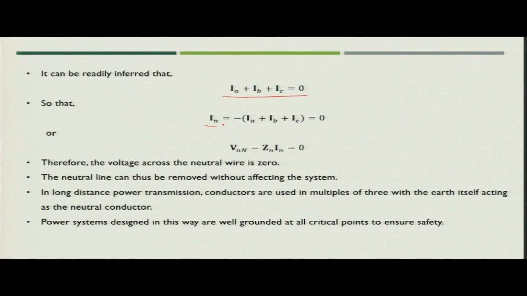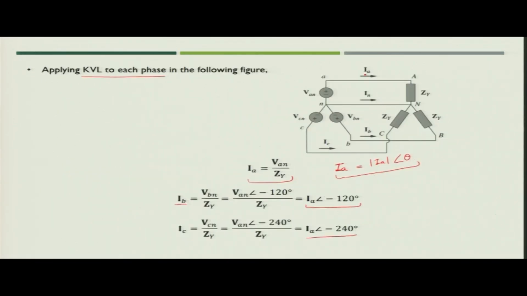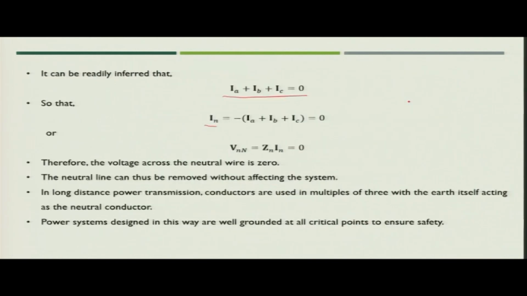In the figure, if you apply Kirchhoff's current law at this node, you will get I_A plus I_B plus I_C plus I_N equal to 0. So, I_N is equal to minus of I_A plus I_B plus I_C. Since I_A plus I_B plus I_C is equal to 0, your neutral current will also be 0.